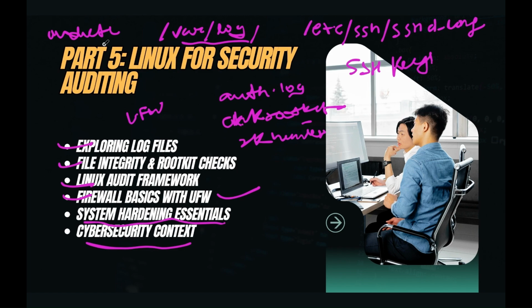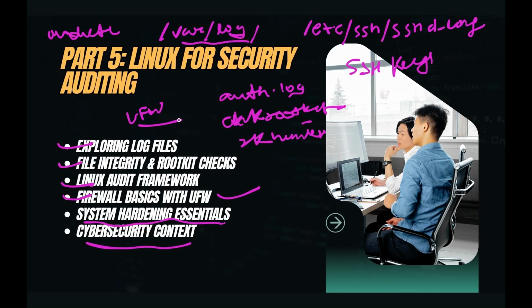Firewalls block scanning attempts, and hardening cuts off common exploits. Think of it this way: logs show you what happened, audit tools tell you when, and hardening ensures it is harder to happen again.